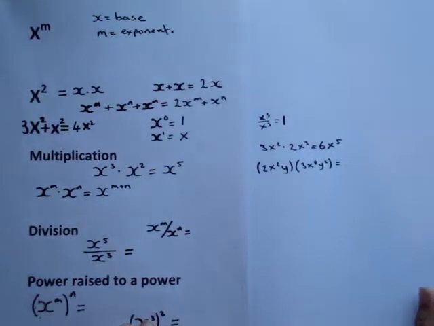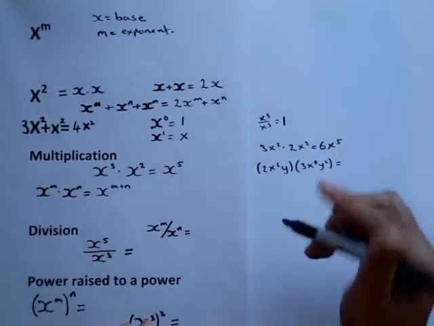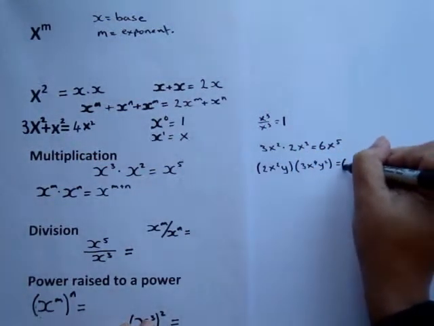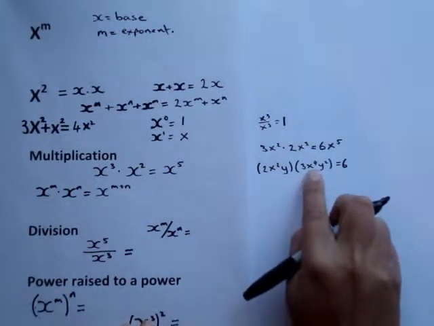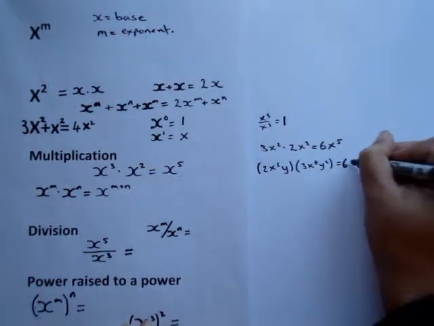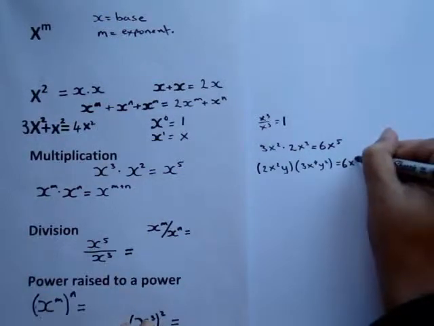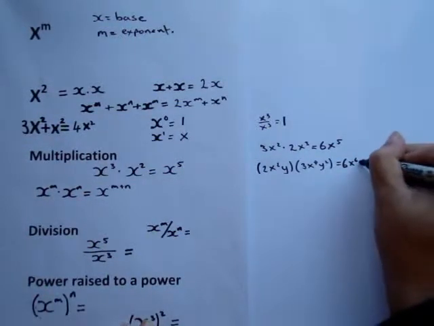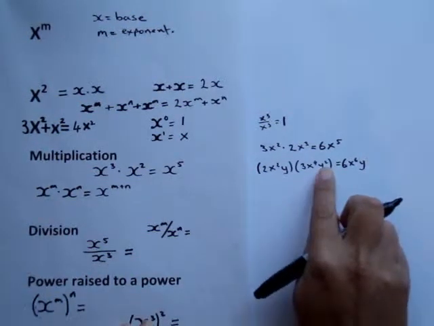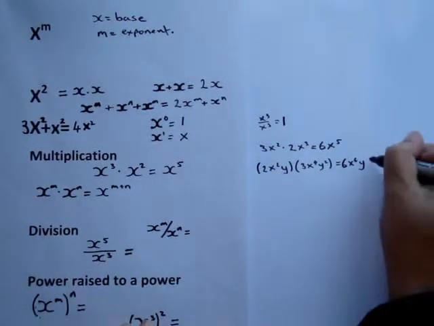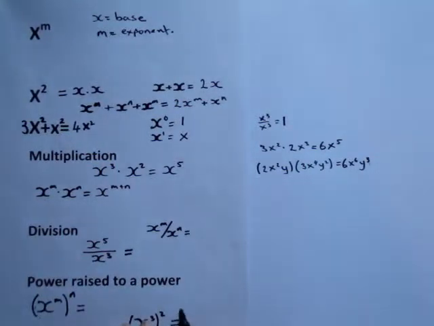Again, we multiply the coefficients, so 2 times 3 is 6. X squared multiplied by x to the power 4, we add the powers, so that's x to the 6, and then the y, we add the powers, so 2 plus 1 is 3.